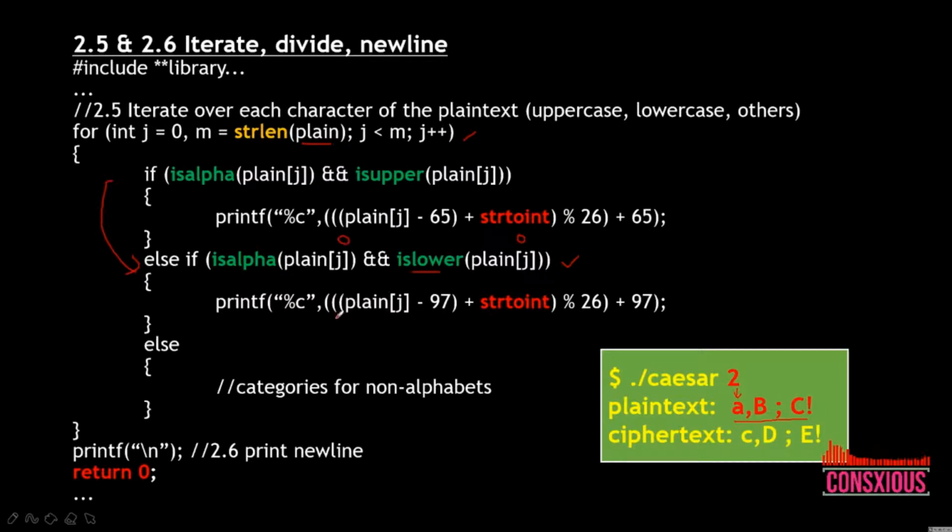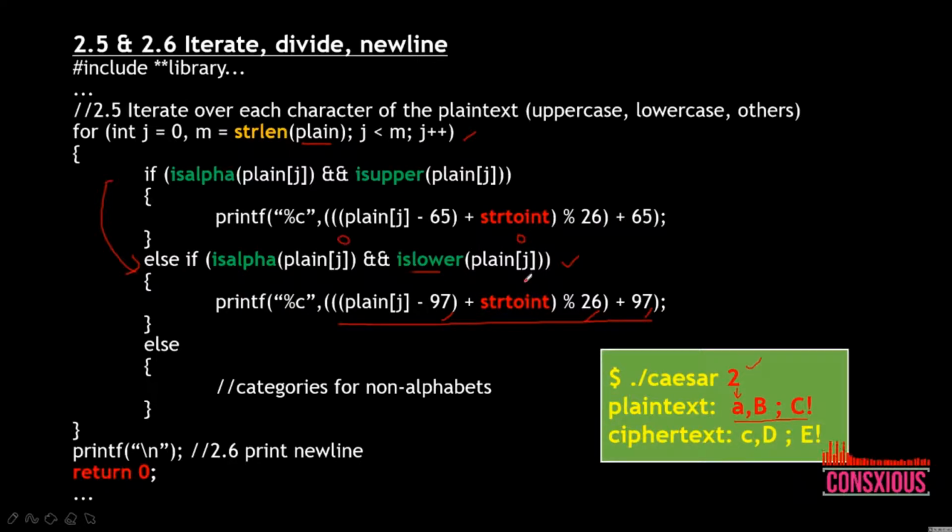So we use this formula that we just explained in the fourth number. It's lowercase, so that's why we use 97. So 26 is a fixed value. What is the string to integer? This is the key, as we just learned. We convert the string to integer, which is the 2 here.